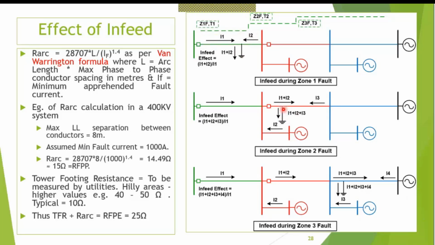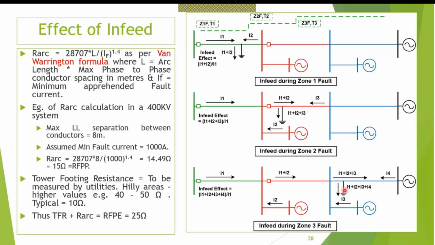So the fault resistance gets multiplied by I1 plus I2 plus I3 instead of I1 plus I2, which has the effect of increasing the fault resistance by the factor I3 by I1. So in a section fault, the increment of fault resistance is relatively lesser than in a second zone fault.